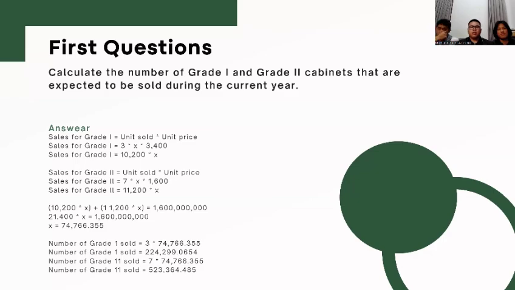during the current year. So the answer is there are sales for grade 1, and this is the equation: unit sold multiplied by unit price. Next we're going to insert the numbers, and grade 1 is 10,200 times x.